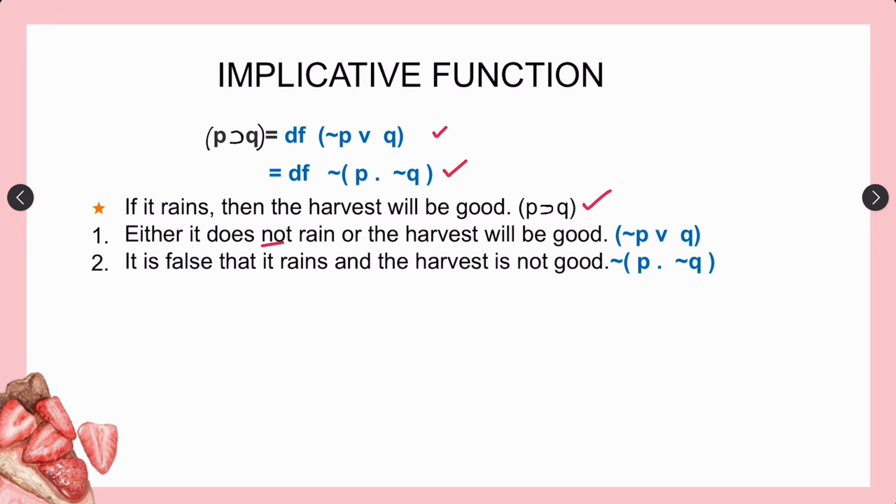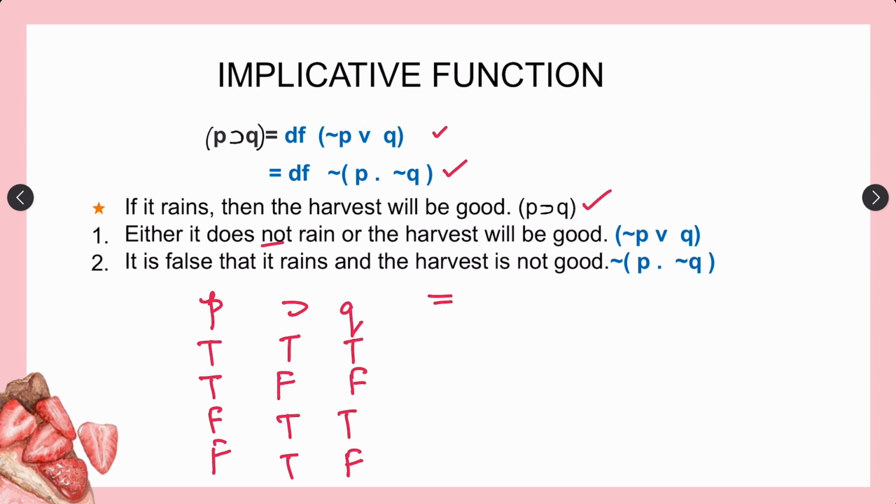So again let's check by using the table method whether the values of both come out the same or not. So again T F F, and then this is TF TF. So again false, the rest will be true. Now let's see if it is equivalent to this part, that is negation of P wedge Q. So negation of P will be false false true true, and Q's value we already have.